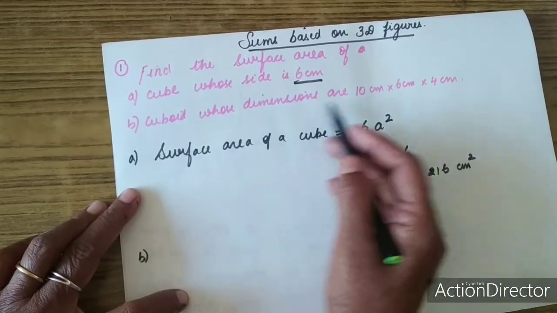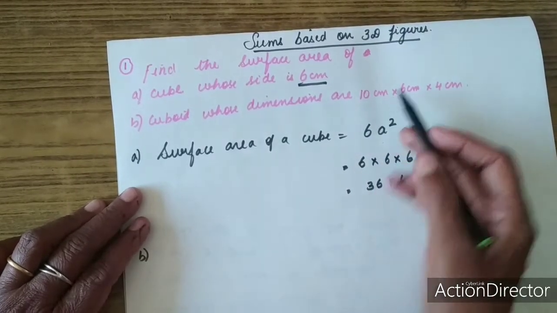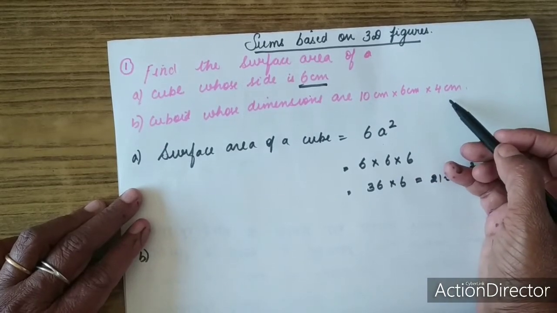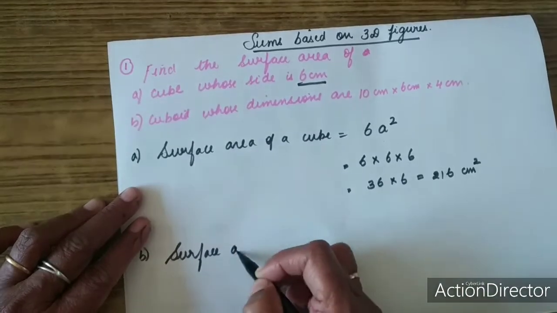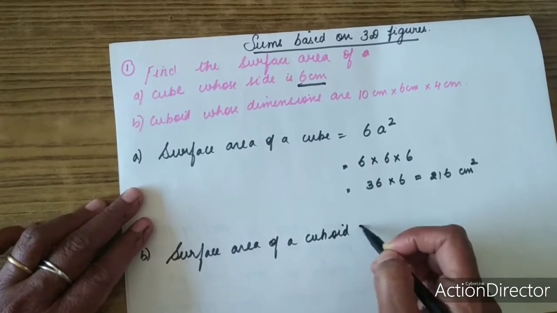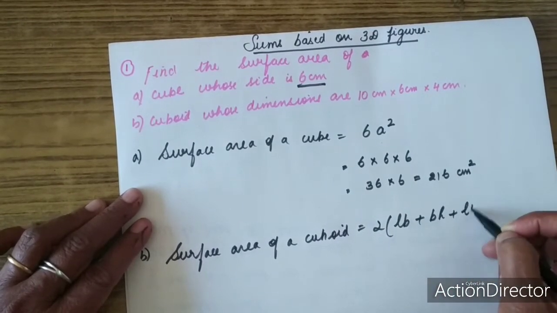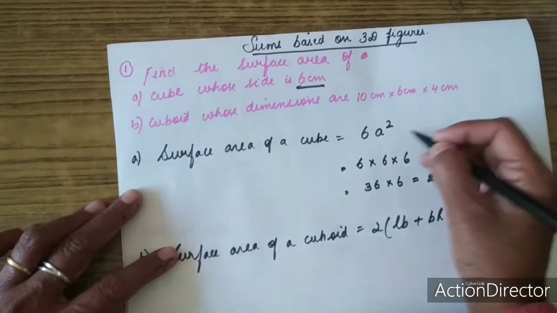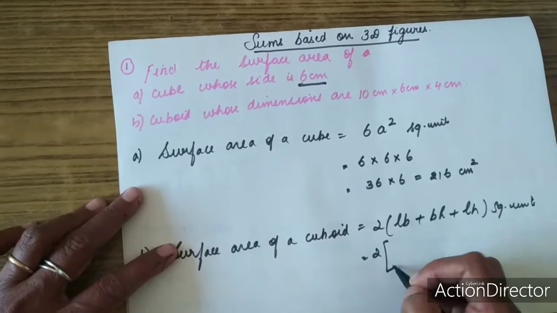Next question: a cuboid whose dimensions are 10 into 6 into 4. When it is given in multiplication, the first stands for length, the second for breadth, and the third for height respectively. So the surface area of a cuboid is equal to 2 into (LB plus BH plus LH) square units. That is 2 into, what is the length?